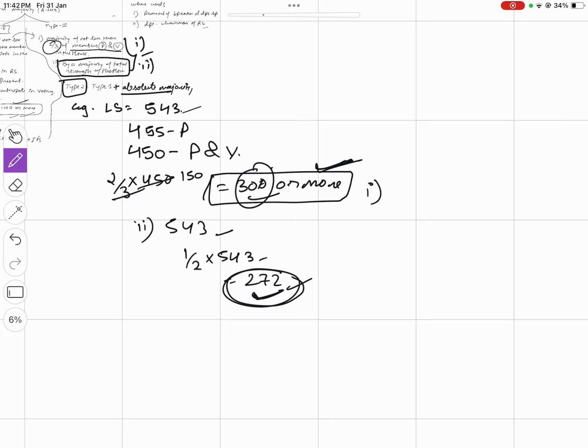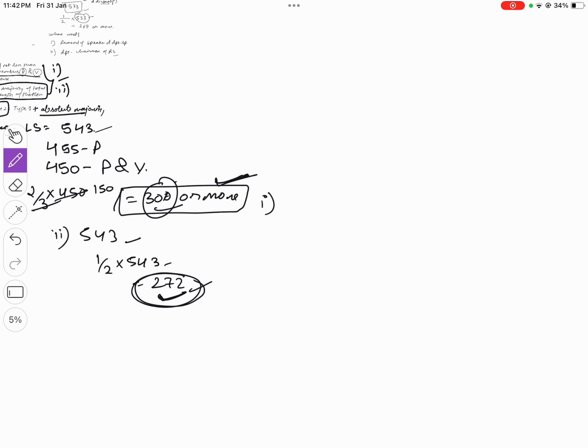This is additional. Suppose I give you one more example. Suppose 540 members are there, and voting done by only suppose 320 members present and 300 members vote.